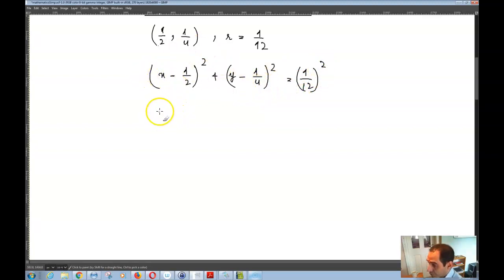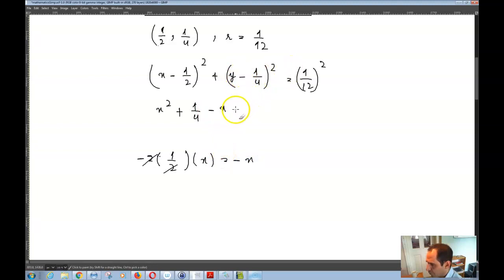So here you have x squared plus 1/4, which is 1/2 squared, and then you have negative 2 times 1/2 times x. So these two cancel out and you have negative x.